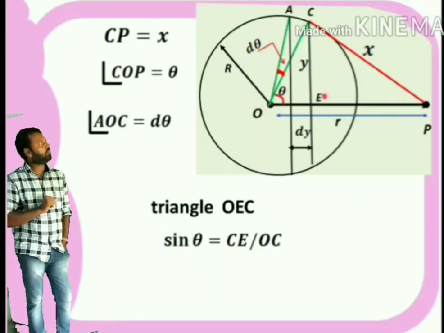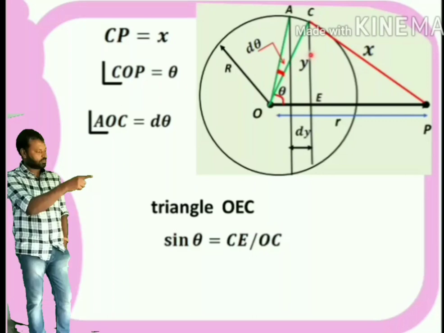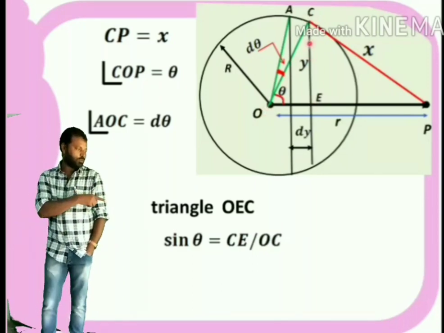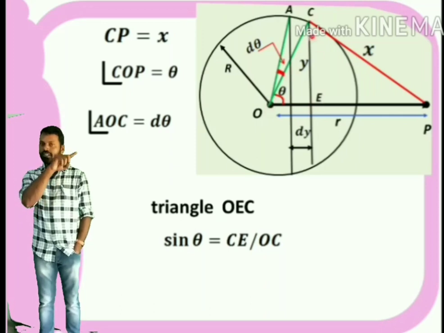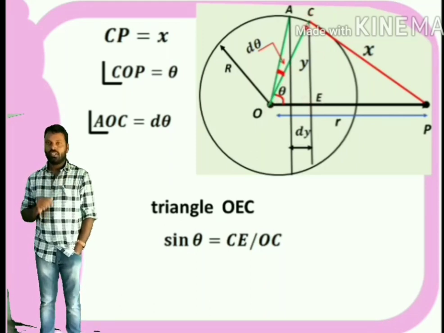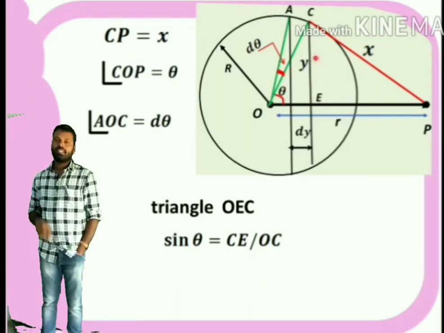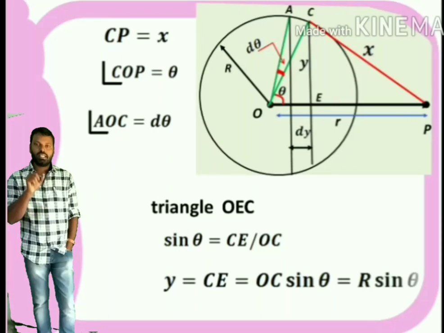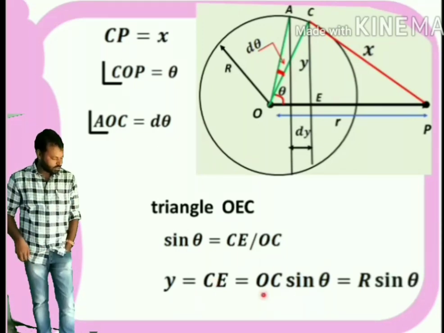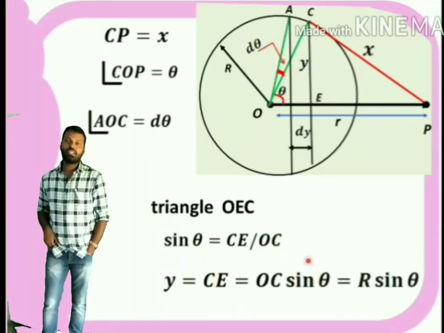Observe triangle OEC. Find out sin theta. Sin theta is equal to CE by OC, opposite by hypotenuse. That implies CE is equal to OC sin theta. What is OC?